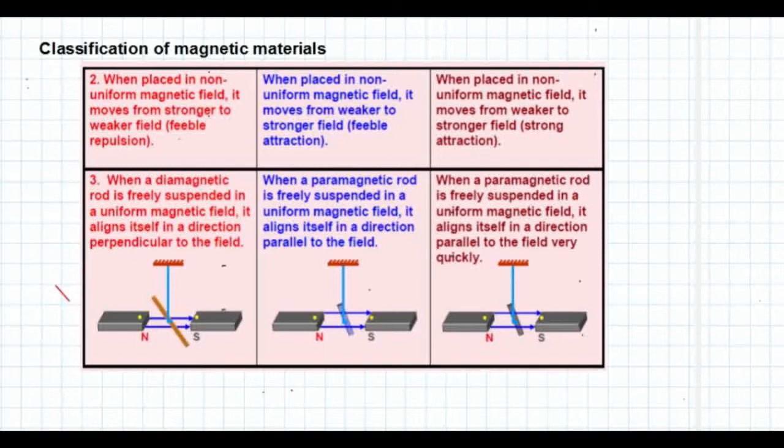When a diamagnetic rod is freely suspended in a uniform magnetic field, it aligns itself in a direction perpendicular to the field. For paramagnetic material, the rod freely suspended in a uniform magnetic field aligns itself in a direction parallel to the field.